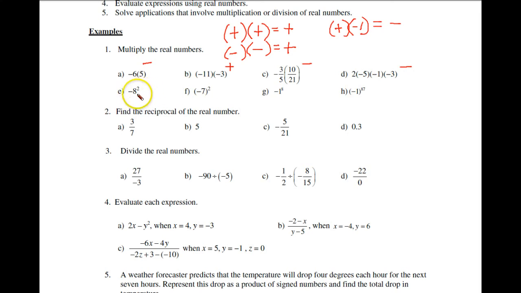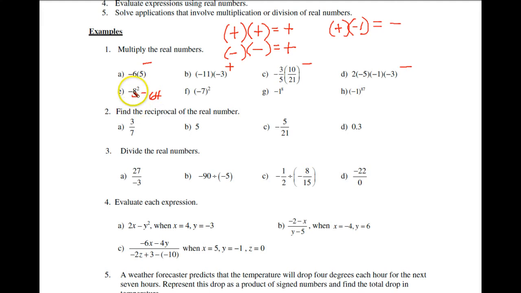Now, this is a little tricky here in terms of the sign, because the negative sign is not included in the base. The base is only the 8. So we're going to square this, get 64, and then apply the negative sign.